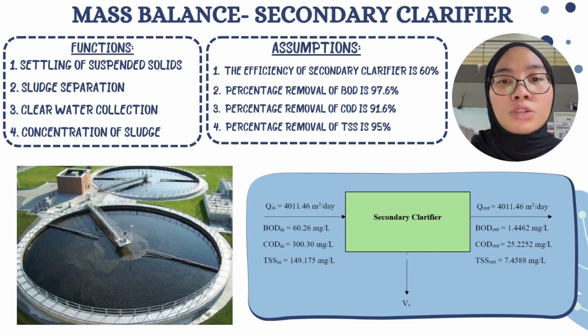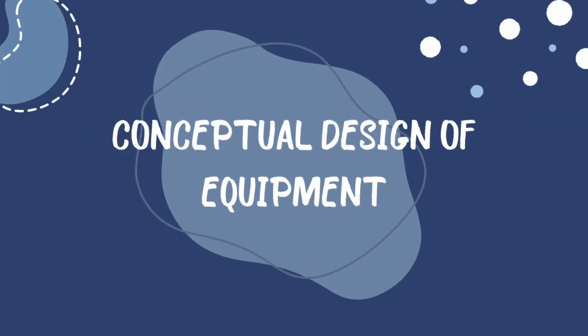Based on this assumption, the calculated BOD outflow is 1.45 mg per liter, COD outflow is 25.23 mg per liter, and TSS outflow is 7.6 mg per liter with a sludge volume of 0.359 m3 per day. This result confirms that the secondary clarifier effectively reduces organic pollutants, improving water quality and ensuring compliance with environmental regulations before final discharge.